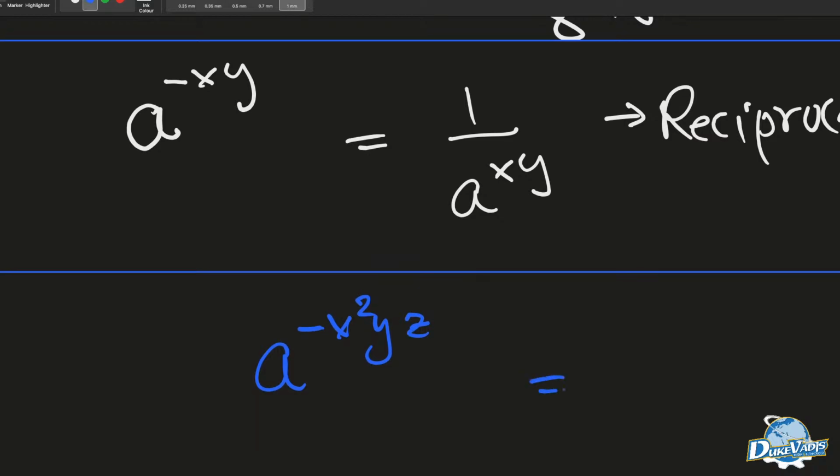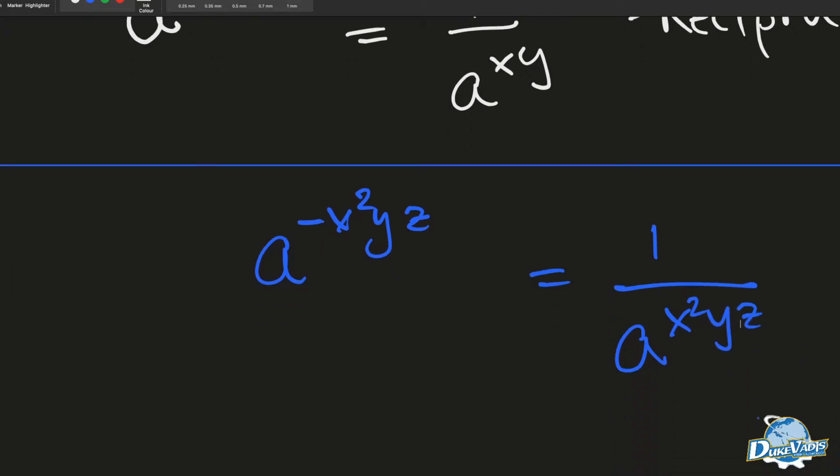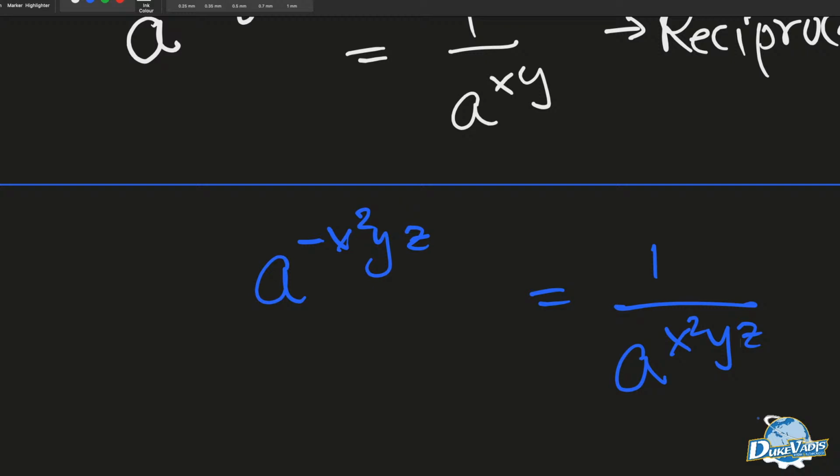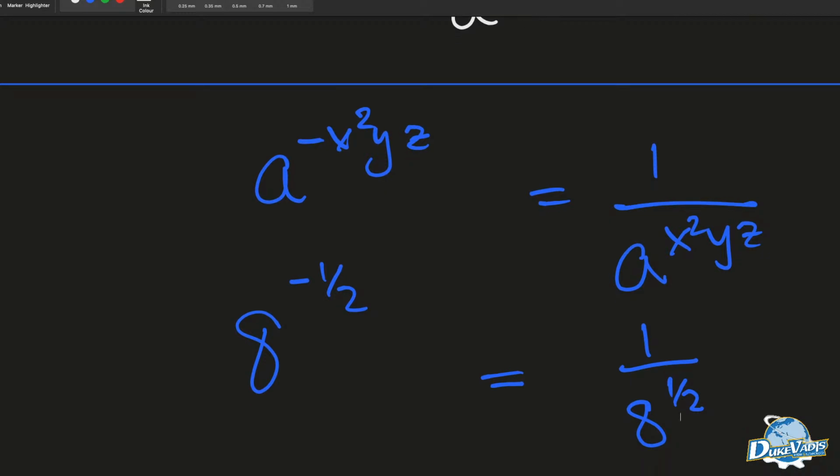It's nothing other than just a reciprocal. If I have 8 raised to the power negative half, all it means is 1 over 8 raised to the power half. So what are you scared of when you see something like that? It's so easy.